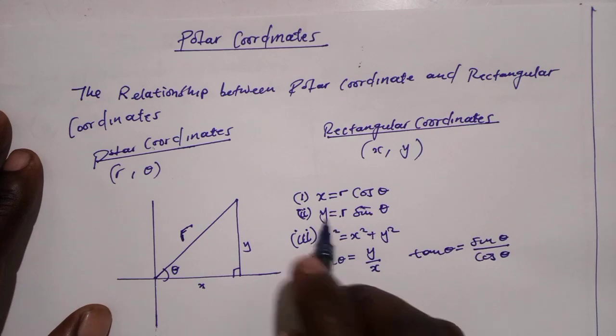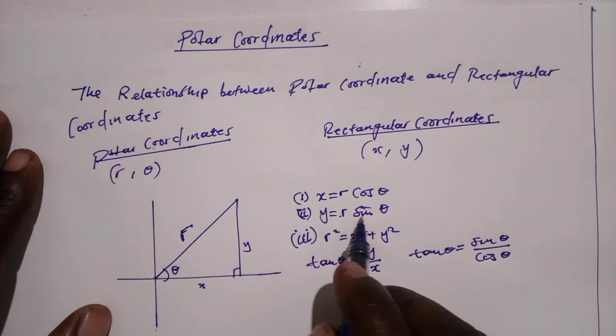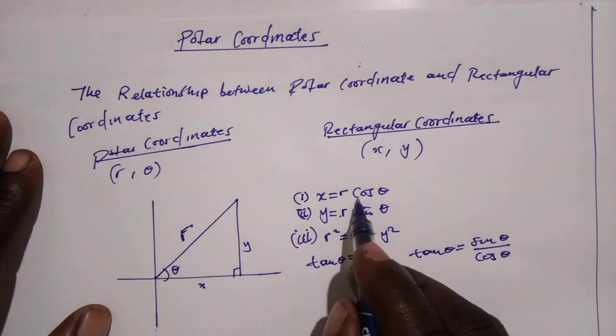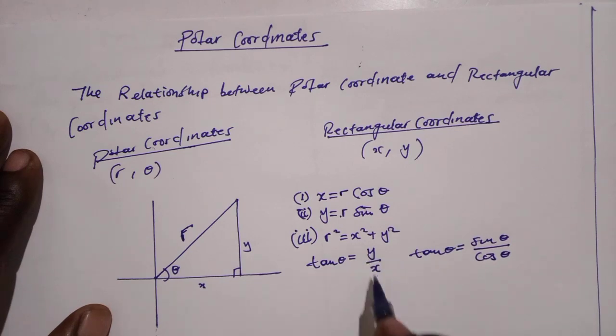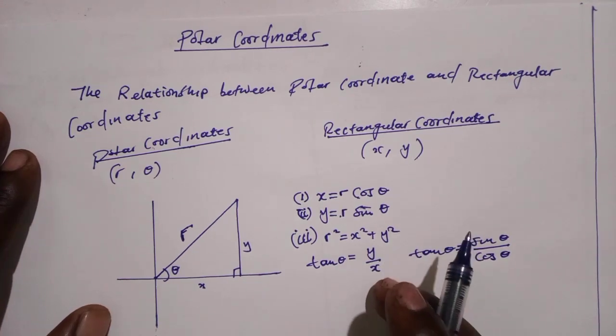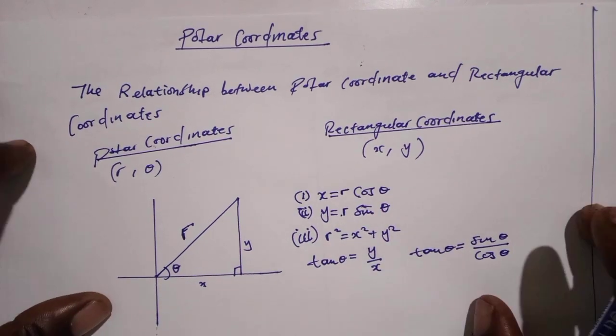For y we have sin theta, and for x we have cos theta. So that means tan theta will be y over x. So now let's try to look into some examples.